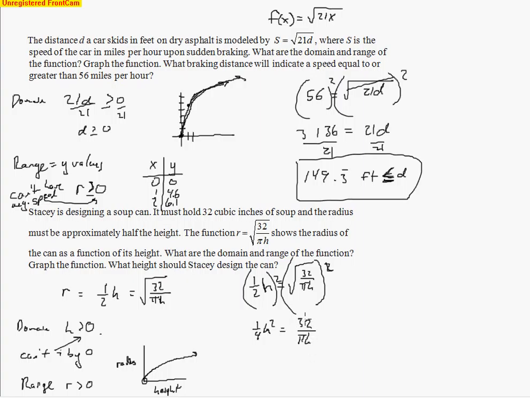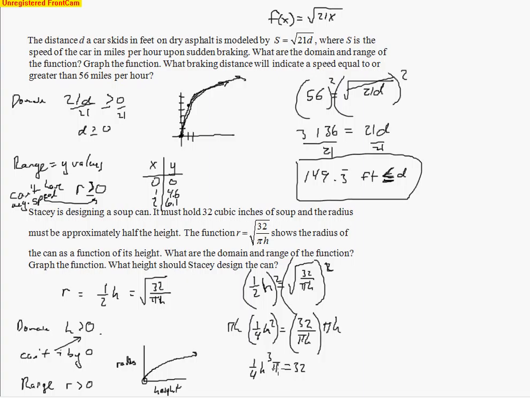So I'm going to multiply by pi h, and that'll cancel out my denominator so I don't have to deal with that anymore. And so now I've got 1/4 h to the 3rd power pi equals 32.